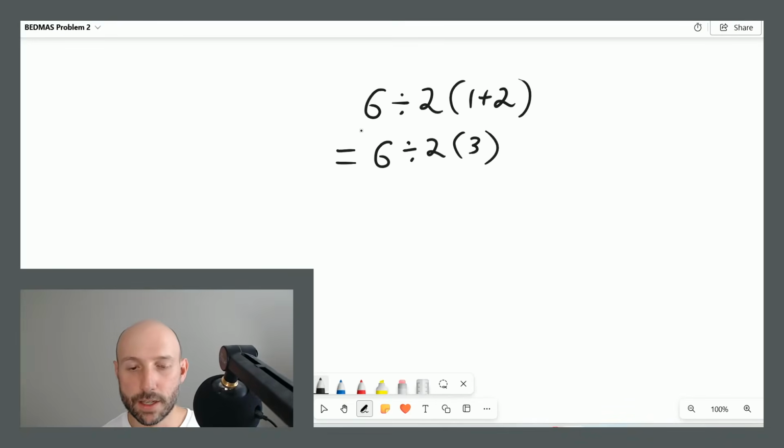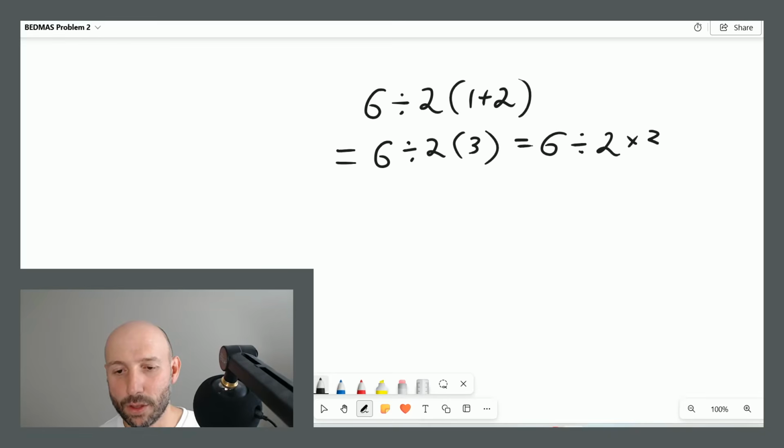In this case, the brackets are multiplying something, and we have to do that before we work with the 6. That's just not true. This is just another way of writing multiplication. 6 divided by 2 times 3. So this has to do with the first error of mixing up the two different ways of writing multiplication and division, and it looks as if the 2 and the 3 are one thing, even though they are not.